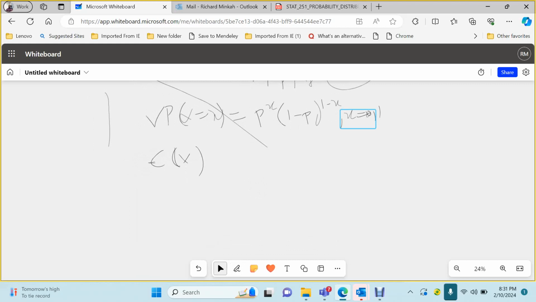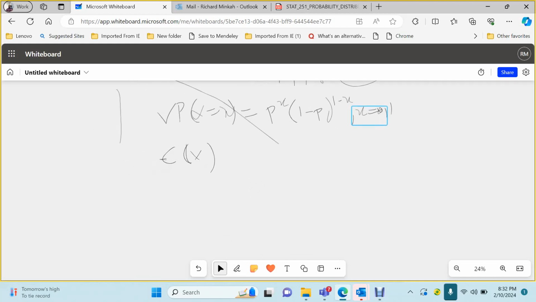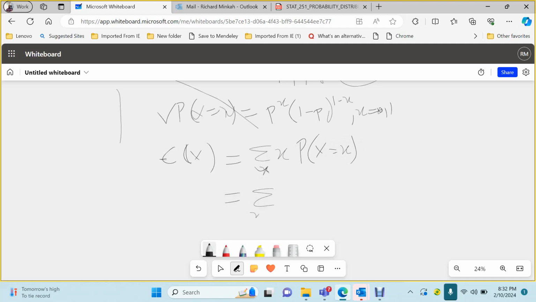So by definition, the expected value of x will be the sum of x times P of X equals x. Is everybody okay? Now, for the Bernoulli, we sum x from 0 to 1. Is everybody okay?